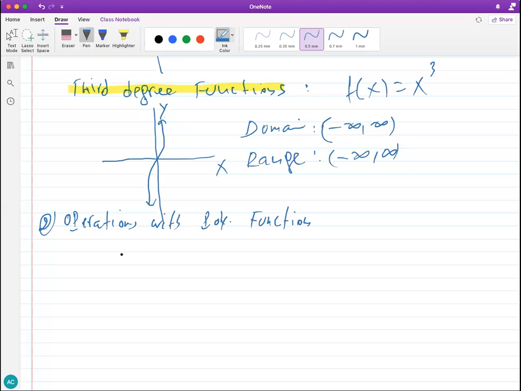Okay, so you need 2 or more polynomial functions. Let's say f of x equals 3x minus 1, and some other polynomial, for example, g of x, equals some other stuff, let's say 7x plus 4. So you can do a bunch of things with these two. You can add them, subtract, multiply, even divide. Let's see how to add.